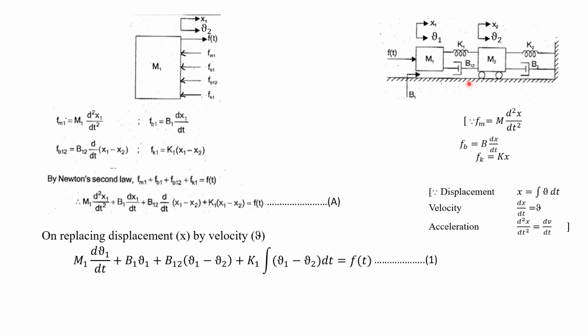For mass m1, how to draw the free body diagram? First we have to represent this mass m1, then immediately after that we have to represent the output, both displacement as well as velocity. Here the displacement is x1 and the velocity is v1. This is not v2, it is v1.